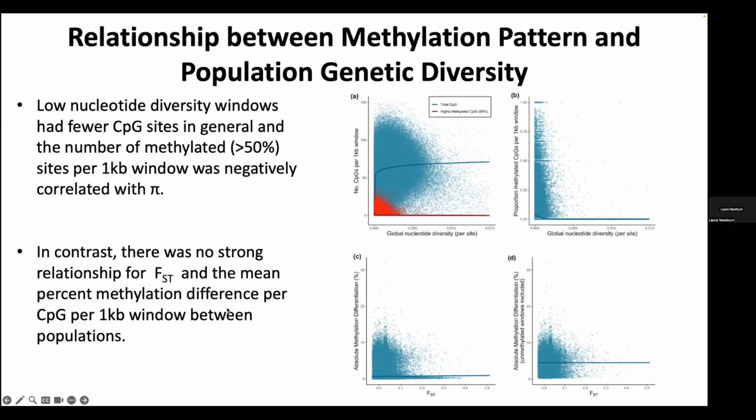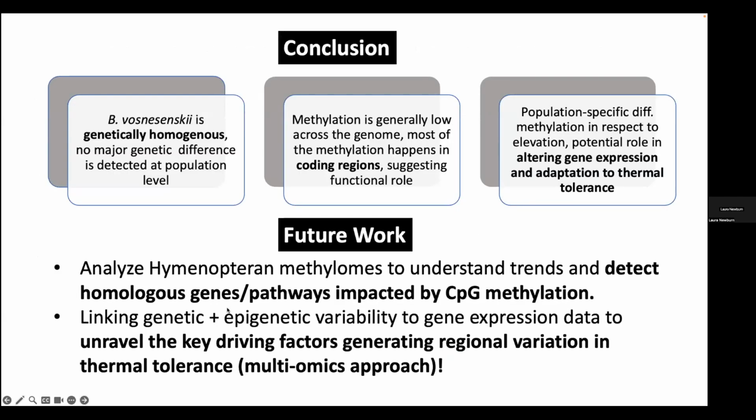So in conclusion, I would like to focus on the key findings: the genetically homogeneous Bombus vosnesenskii, with no major differences at the population level, and general methylation results that are consistent with other arthropods. But we also found signatures and a potential role of altering gene expression and adaptation to thermal tolerance via differentially methylated regions.